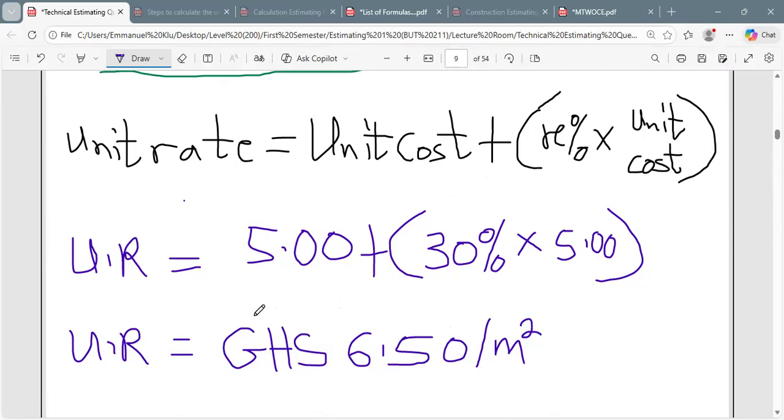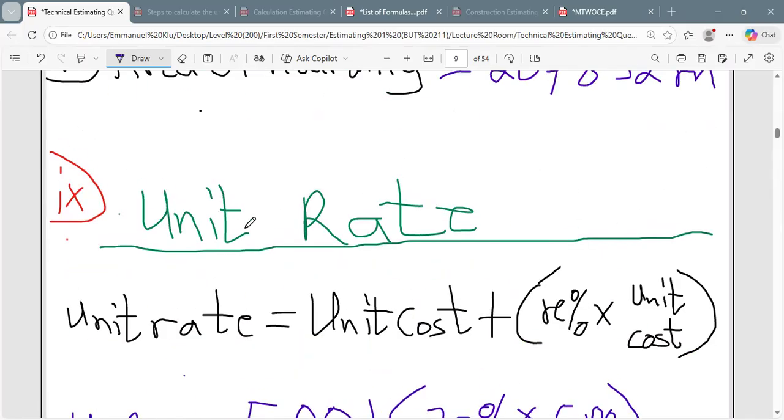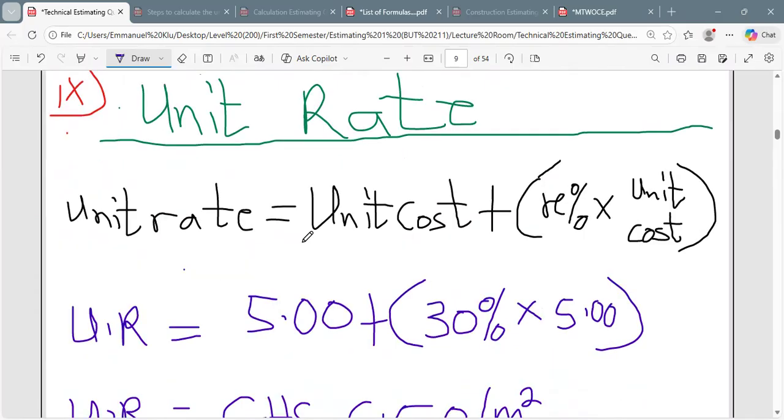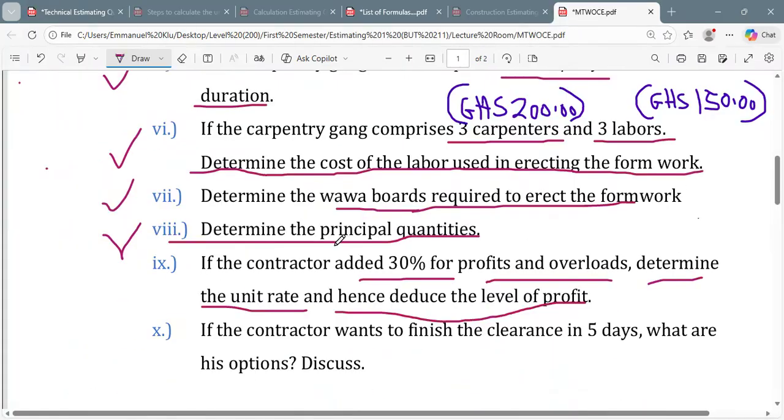So we are done calculating the unit rate, and that's still the same question. We are supposed to find the level of profit too.